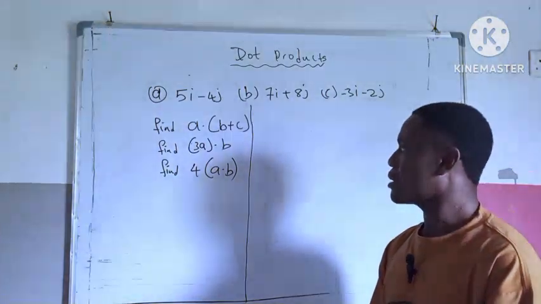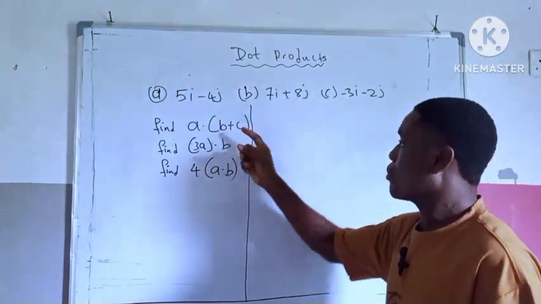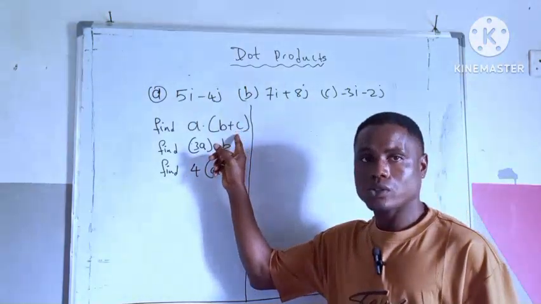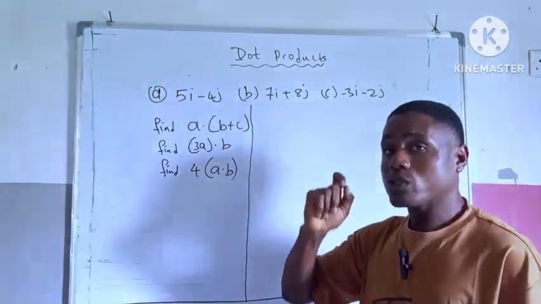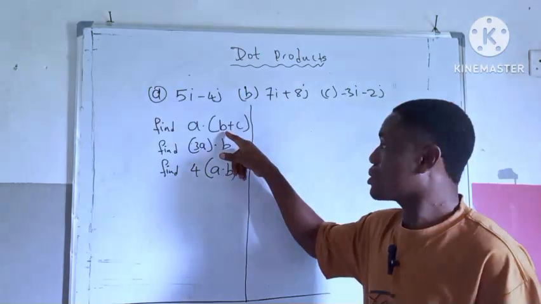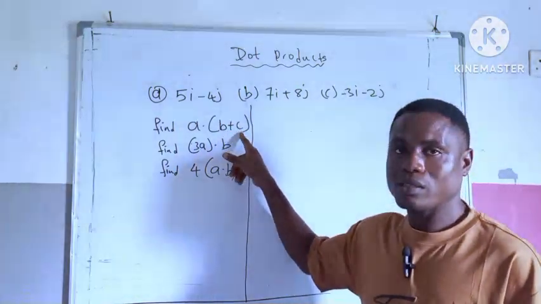Now we are given two things here, meaning that we must first find the addition of these two vectors, b and c.